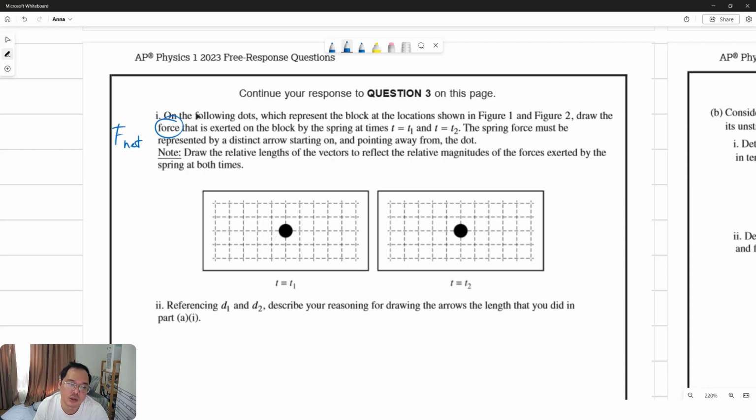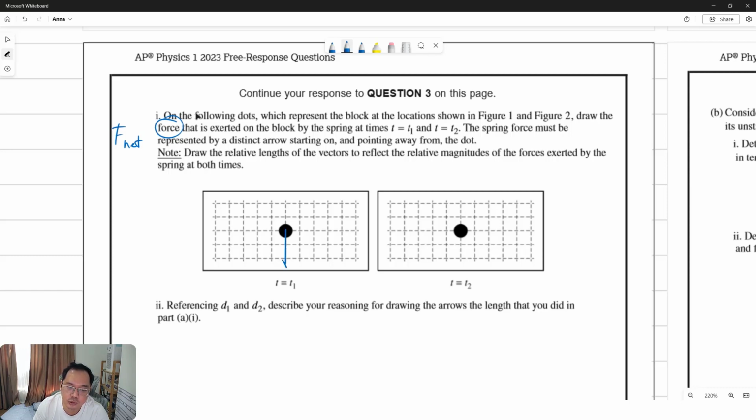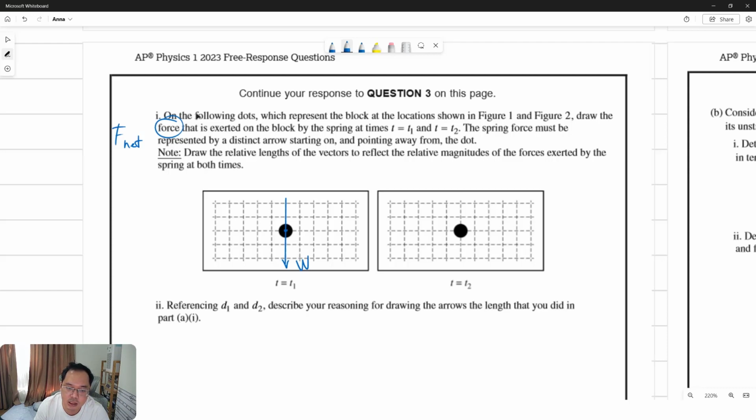Because if we do not draw the net force, but all the forces acting on it, there will be 3 forces. Firstly, as usual, the weight. Secondly, the normal force Fn, which is equal to the weight, and upward. So the 2 forces in the vertical direction here, Fn and W, will cancel each other out.